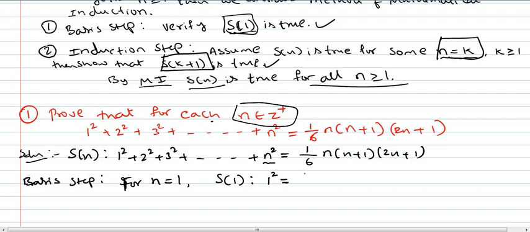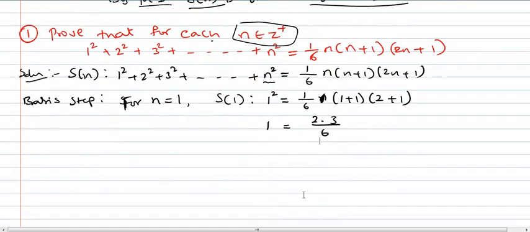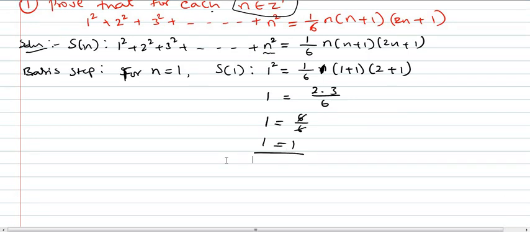The RHS part is 1 by 6, n is 1, so 1 into 1 plus 1 into 2 into 1 plus 1. So 1 square is 1, equal to 1 by 6 into 2 into 3. 2 into 3 is 6, so we get 1 is equal to 6 by 6, this cancels, so 1 is equal to 1. It means LHS and RHS are both the same.